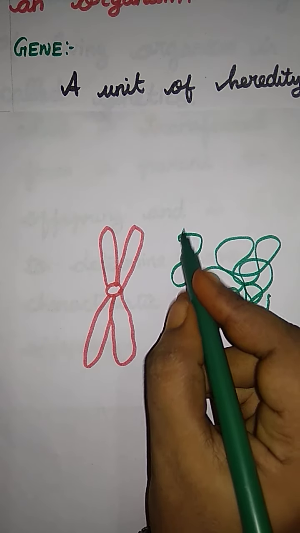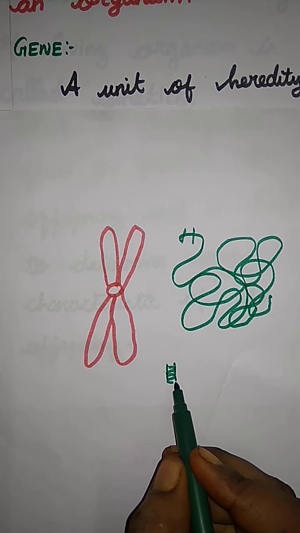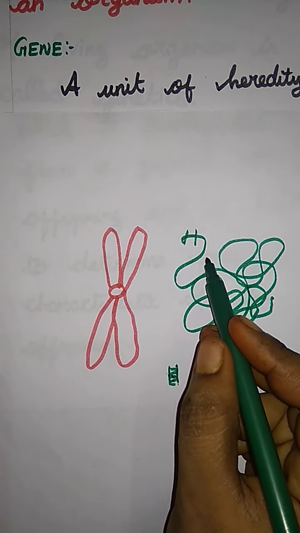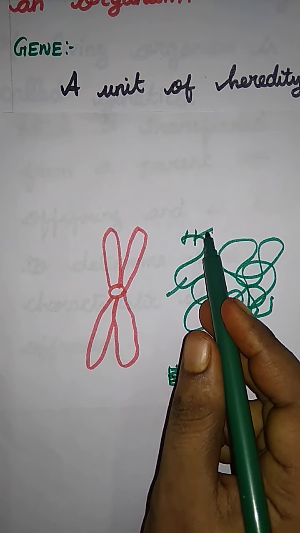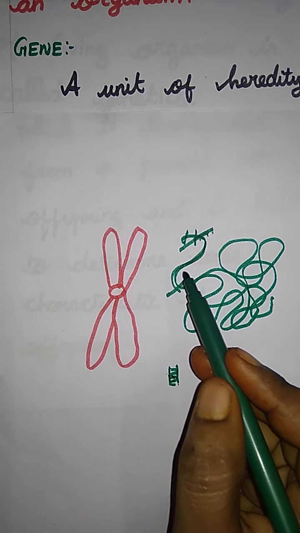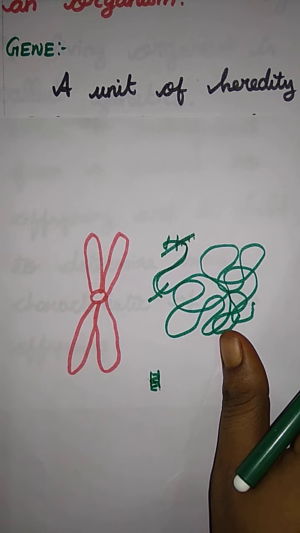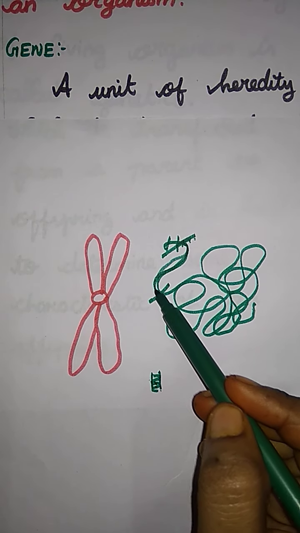This is a particular strand of DNA in the thread. A particular strand of DNA having the same protein molecules, that is a gene. A gene is a unit of heredity. Why is it called a unit of heredity? Because it has a particular trait.